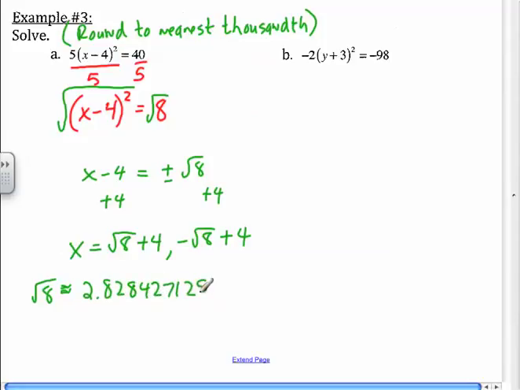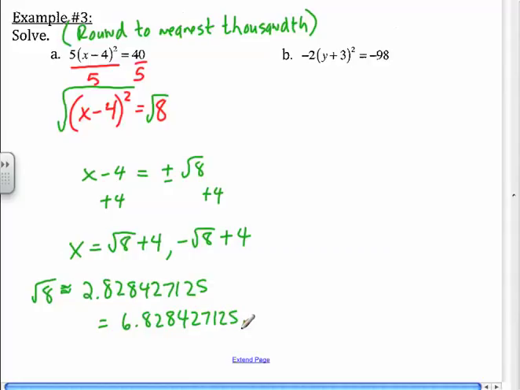2.828427125. All right. So that value plus 4 is going to be 6.828427125, and then negative 2.828427125 plus 4.